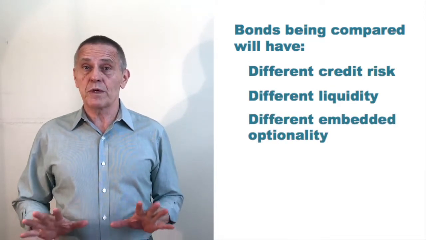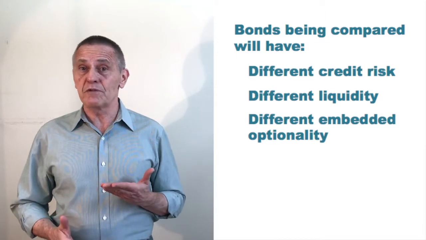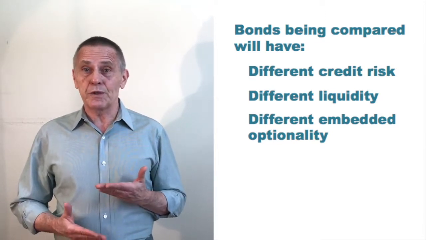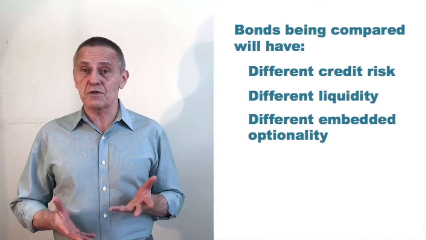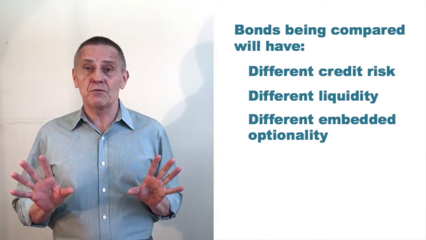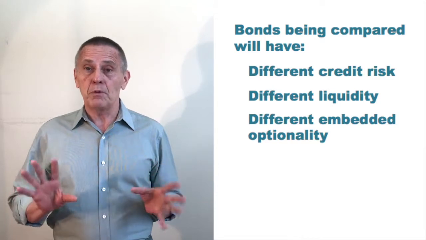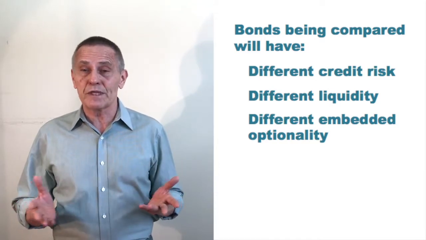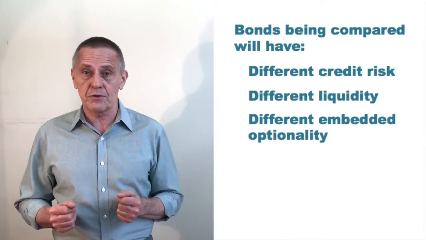So in the vast majority of instances, when I'm comparing two different securities, the difference in yields will not only reflect cost of future cash flows in some general abstract sense, but will also be a reflection of the market's pricing of the differences in those risks of one security versus the other.